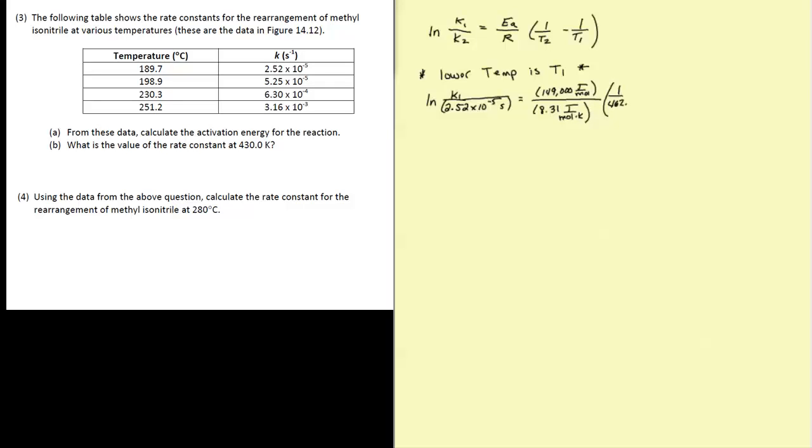What I selected as the baseline is the very first data on the table, a temperature of 189.7 degrees Celsius, which is equivalent to 462.7 Kelvin.